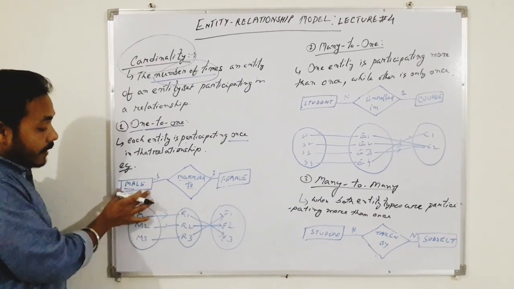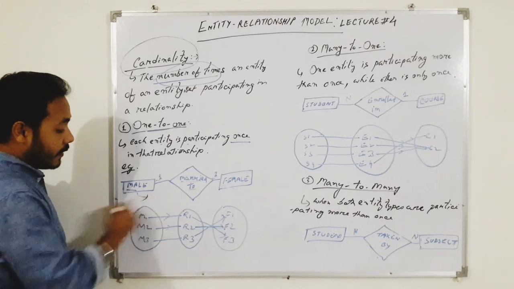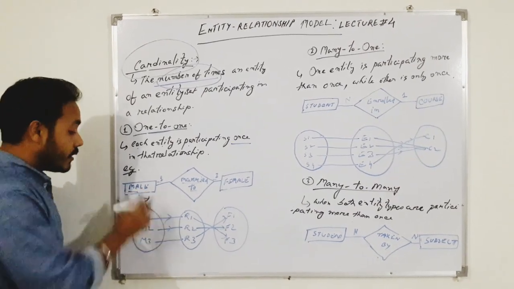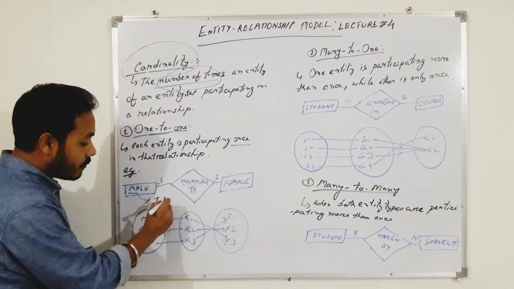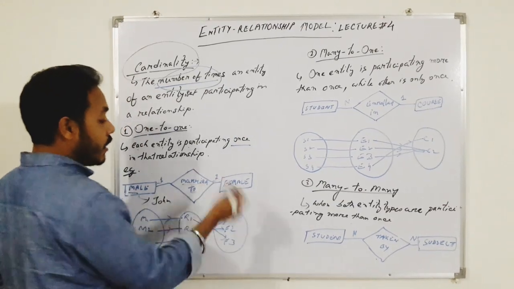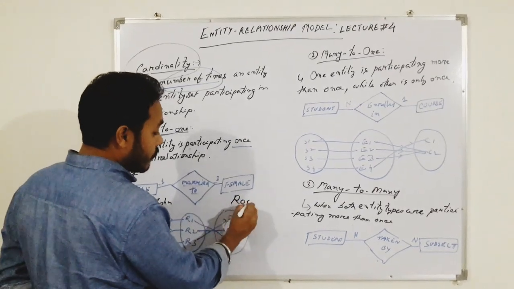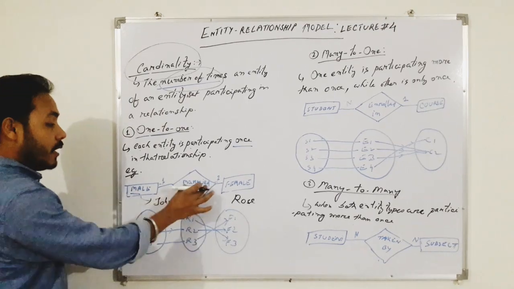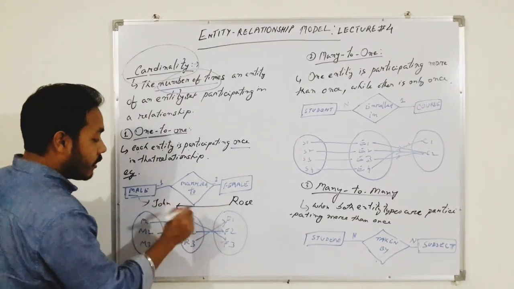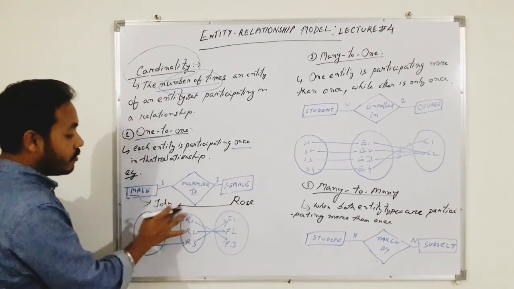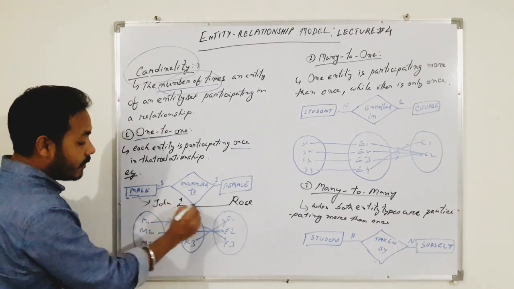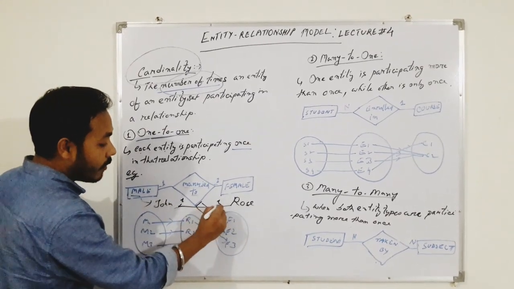Suppose I am considering one entity from the male entity set, say John, and one entity from female, say Rose. Through the married to relationship they are related to each other, but what type of relation? 1 to 1. So cardinality I can refer to as 1.